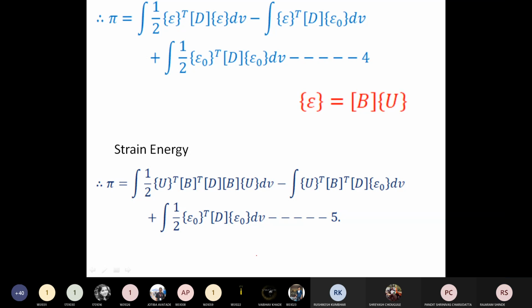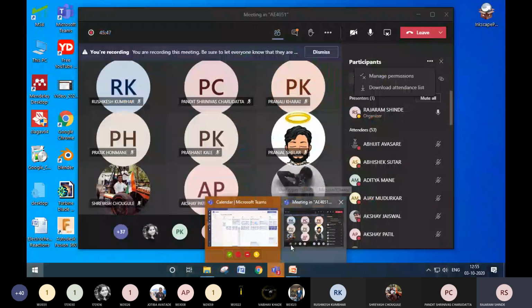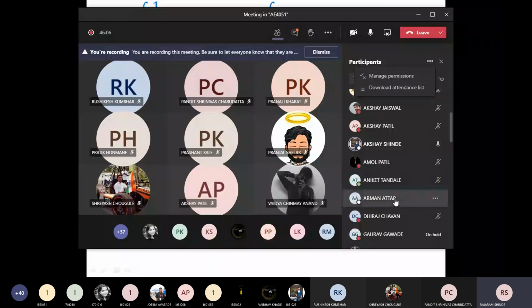Mahesh Jalte, have you got it? Mahesh, why are you not responding? If you are getting, you can tell me yes, sir. If you are not getting, you can ask me. I am not getting. Yes. Pranjal Selar, yes, sir. Understood, sir. Have you got it? Okay. Next, Akshay Shinde, yes, sir. Have you got it?